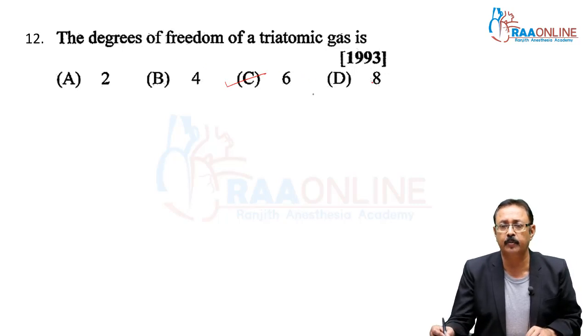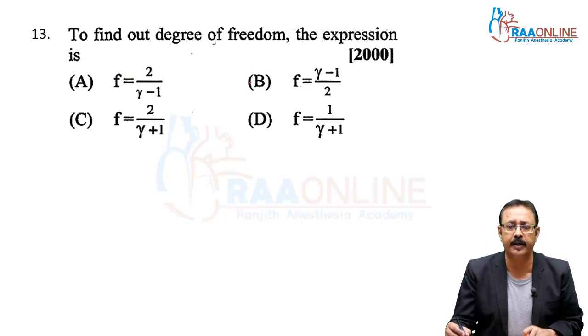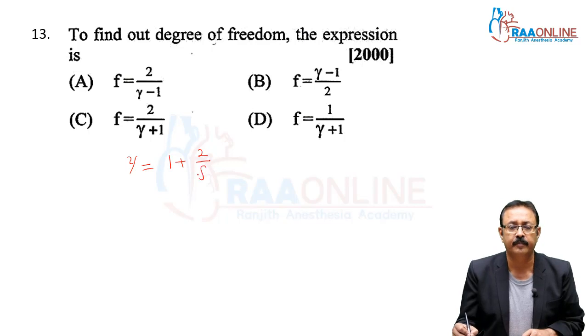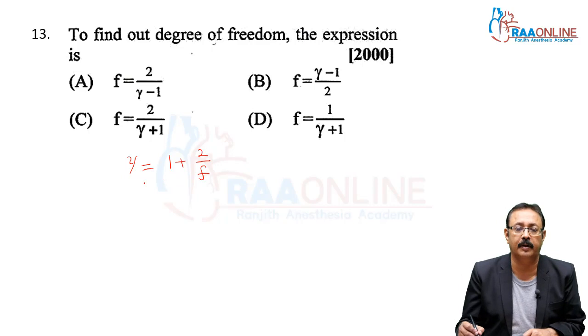They asked this problem in 1993 AIPMT. Next, to find out the degree of freedom, the expression, I told you, what is gamma? Gamma is 1 plus 2 by degree of freedom. But we want to calculate f in terms of gamma.